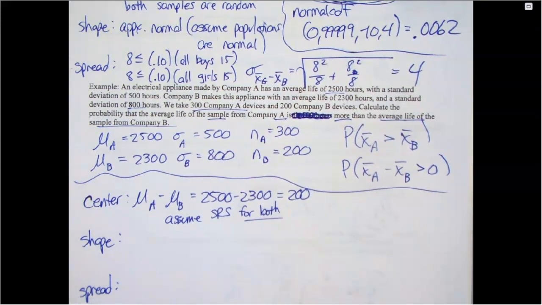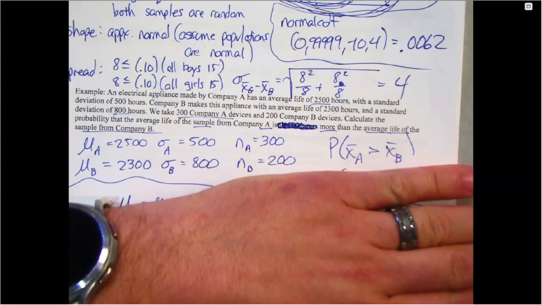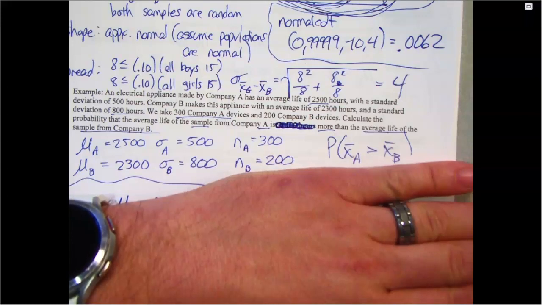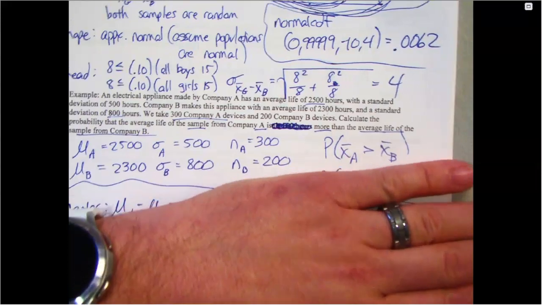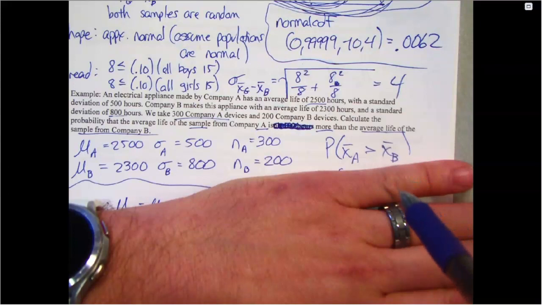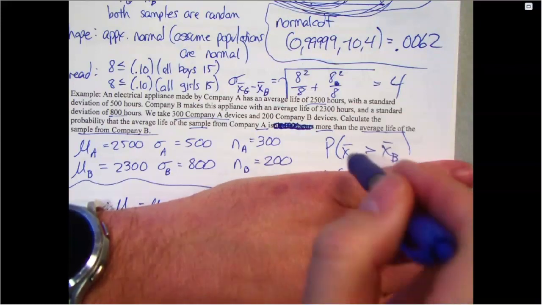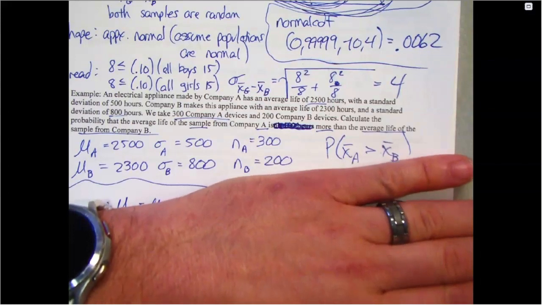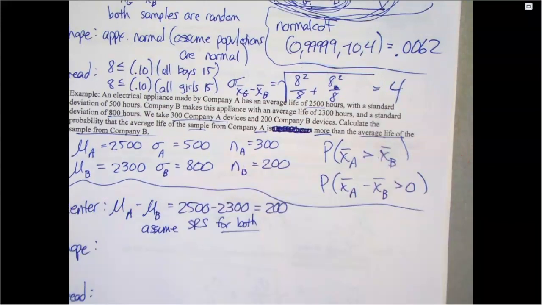Wait, for the order of how you do it, like A minus B, is that just the order in the wording? In the wording, yes. That's how I got there, because it said A has to be greater than B. So all my calculations are in terms of A minus B or B minus A, and I have to be subtracting.